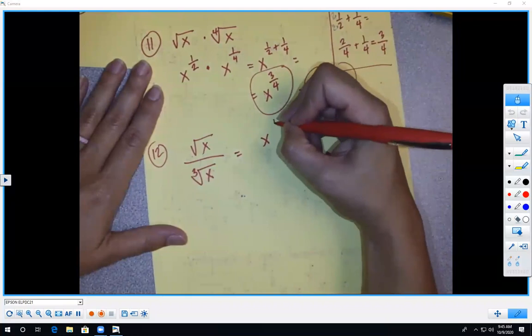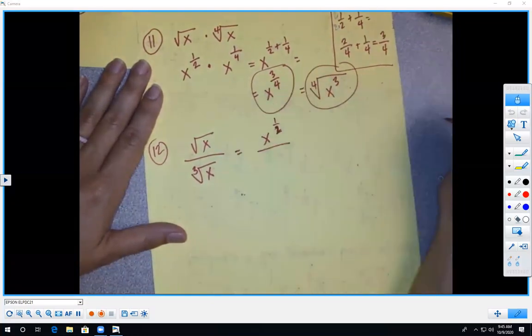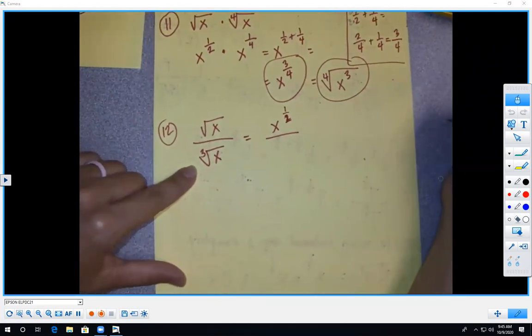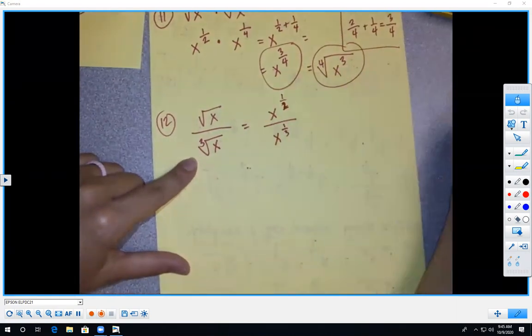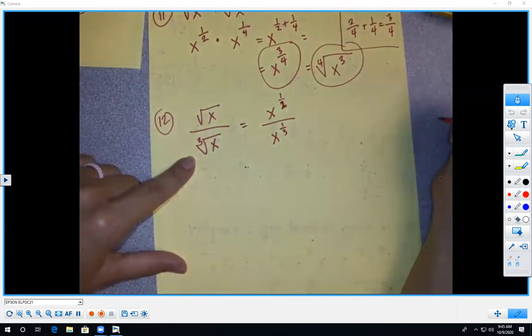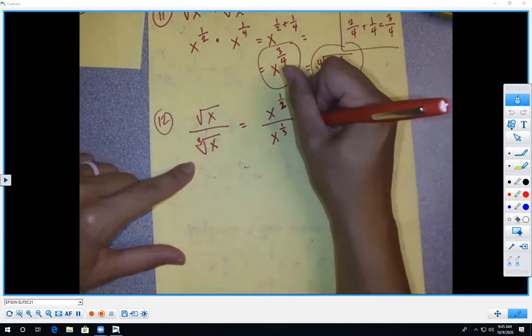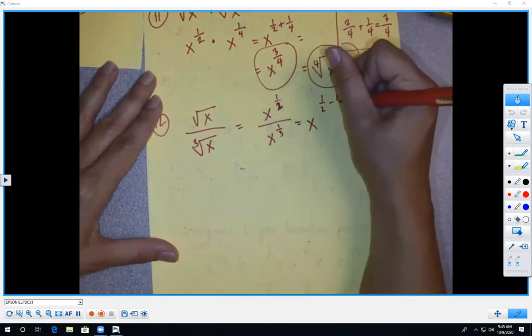X to the 1/2 power. On bottom, how do I write the cube root of x with an exponent? X to the 1/3 power. What am I going to do with those two exponents? Subtract them, because it's the quotient rule, so it's x to the 1/2 minus 1/3.